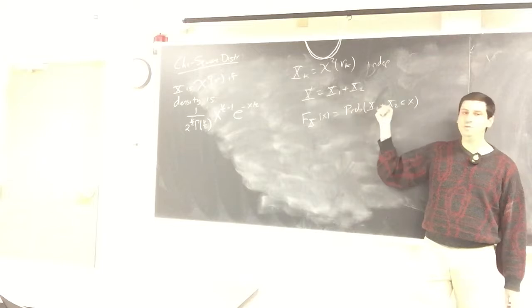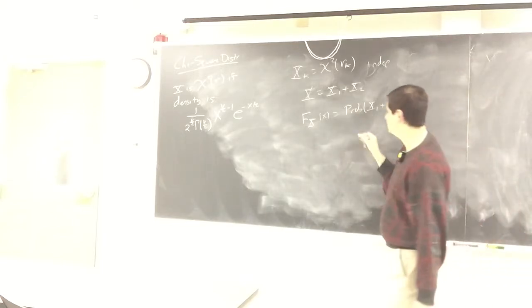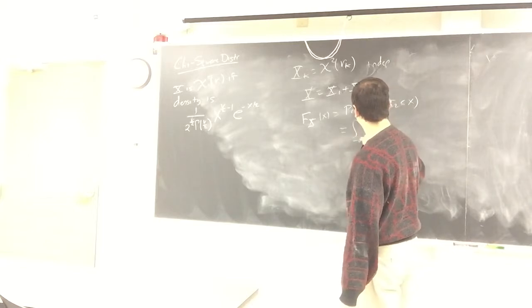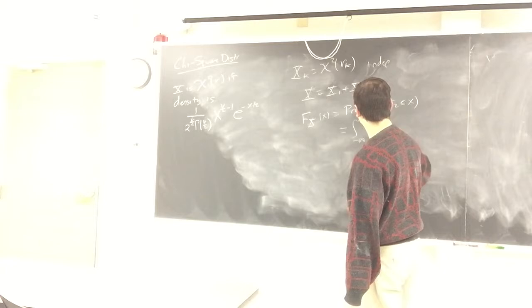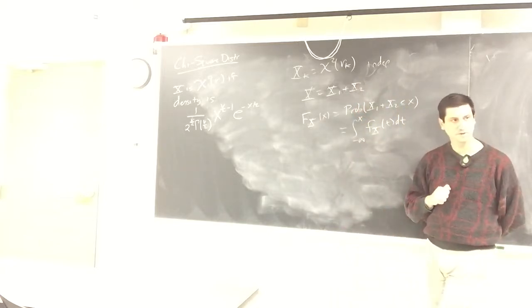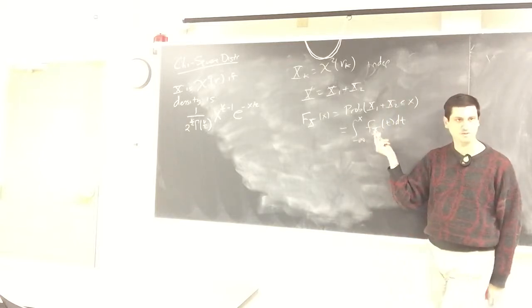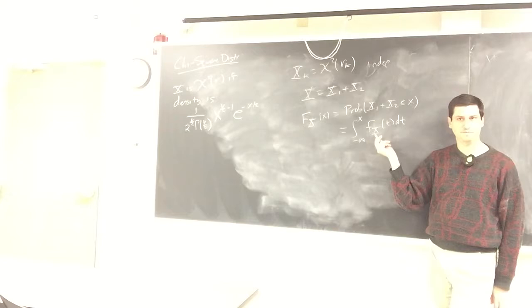And once we have the cumulative distribution function, we get the density by just differentiating. So this is just the integral from negative infinity to x of the density function of x at t dt. Then the density function is, by the fundamental theorem of calculus, just the derivative.